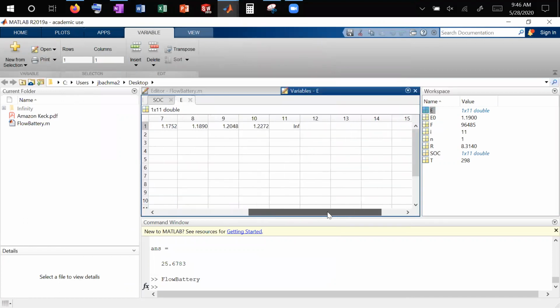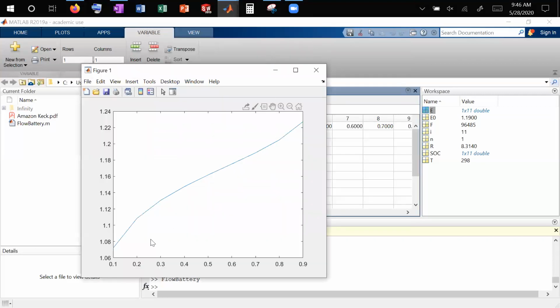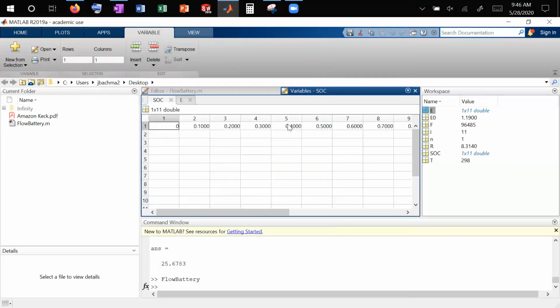Yeah, it's undefined at 0 and at the full state of charge, so that's why it's not plotting it. But you can see, as you charge, you increase the battery voltage. You could do this for any of your systems if you knew the starting concentrations, and as they get depleted, they would go in this direction.